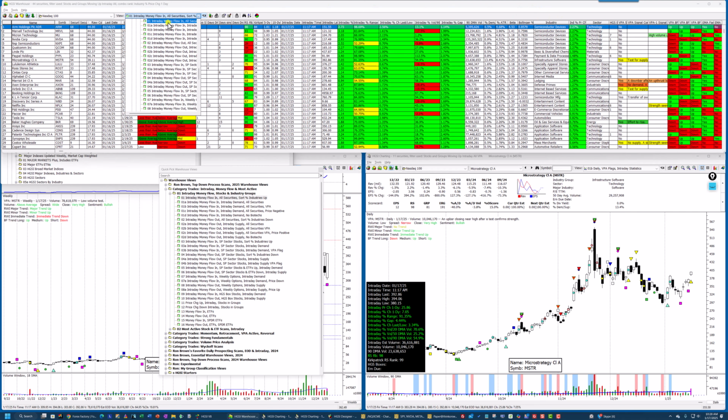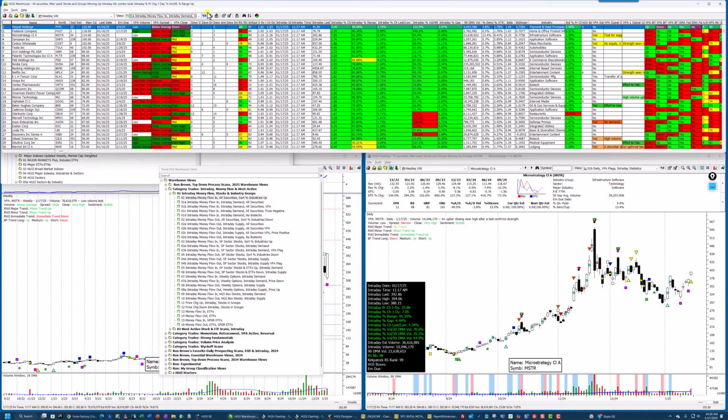Now let's drop this down here and change it to demand. And demand puts PayPal at the top. Now the group it's in, payment and data processors, there's 23. This is why I wanted you to change that indexing so these numbers are all correct. We know the exact number of stocks in this group.